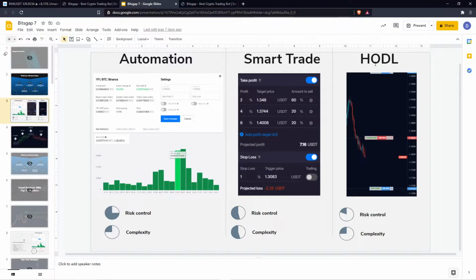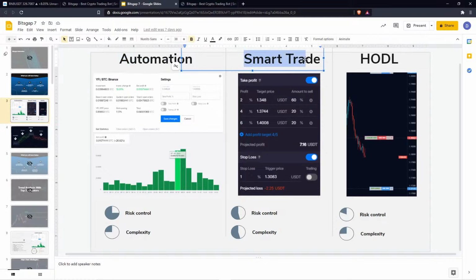So I would never recommend allocating more than 20% to Hodl, but it's really up to you the way you trade. What I'm trying to explain here is that we have 3 strategies at Bitsgap that you can implement. That's the automation, smart trade, and Hodl.